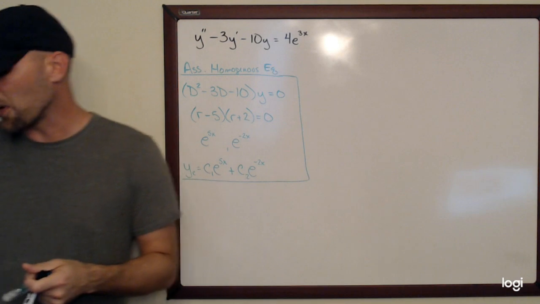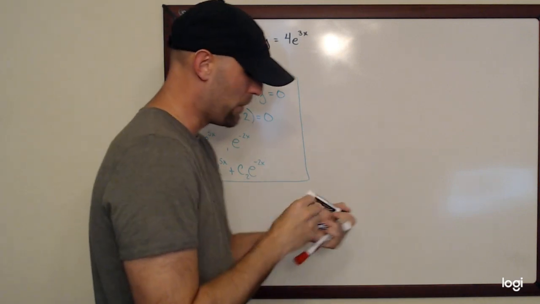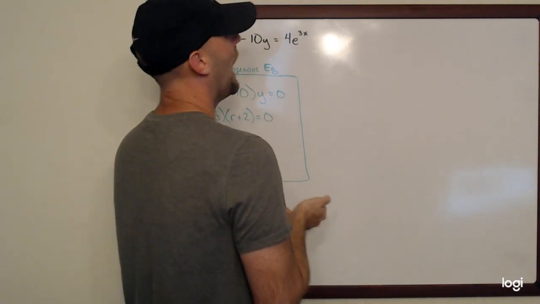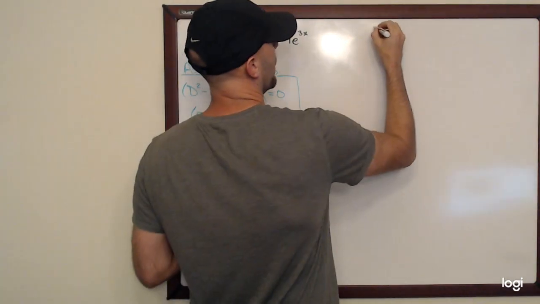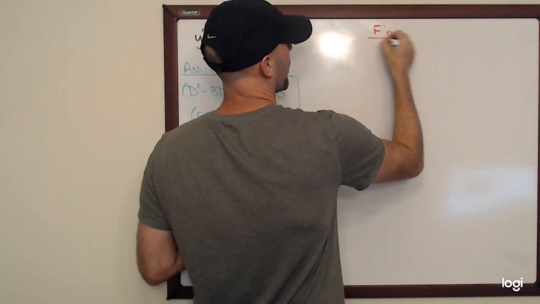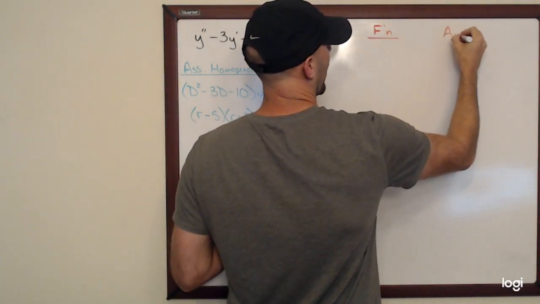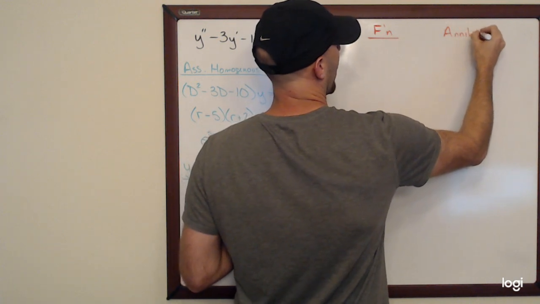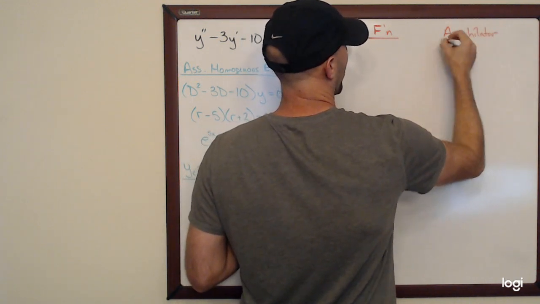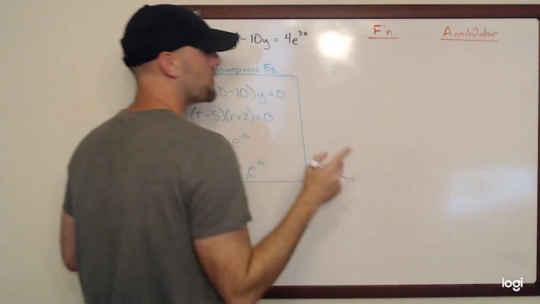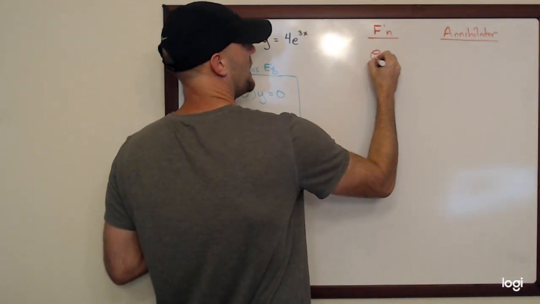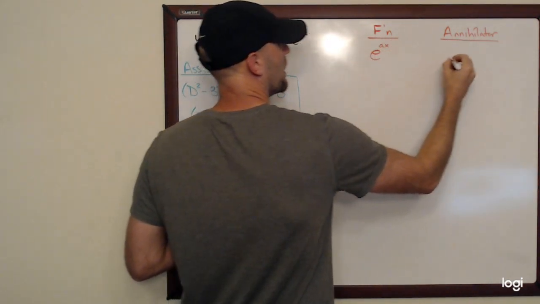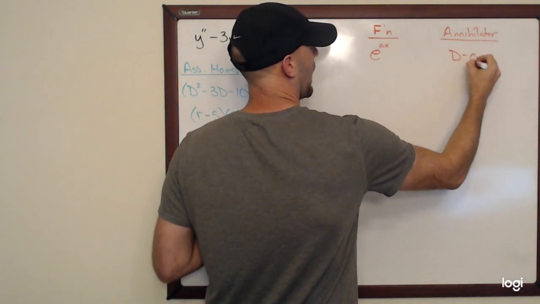So let's talk about the functions that we deal with most often and their associated annihilators. So here's my function, and here's my annihilator. We just discussed that for e to the ax, that's d minus a.